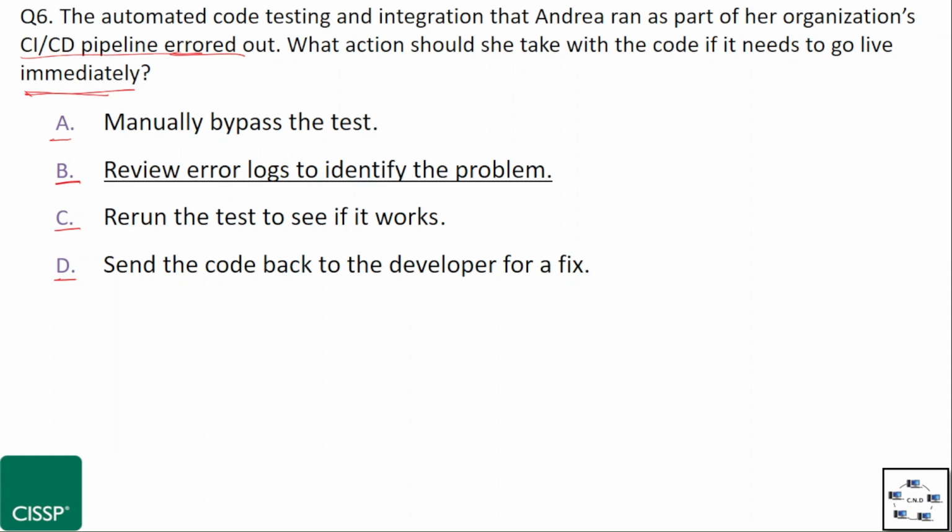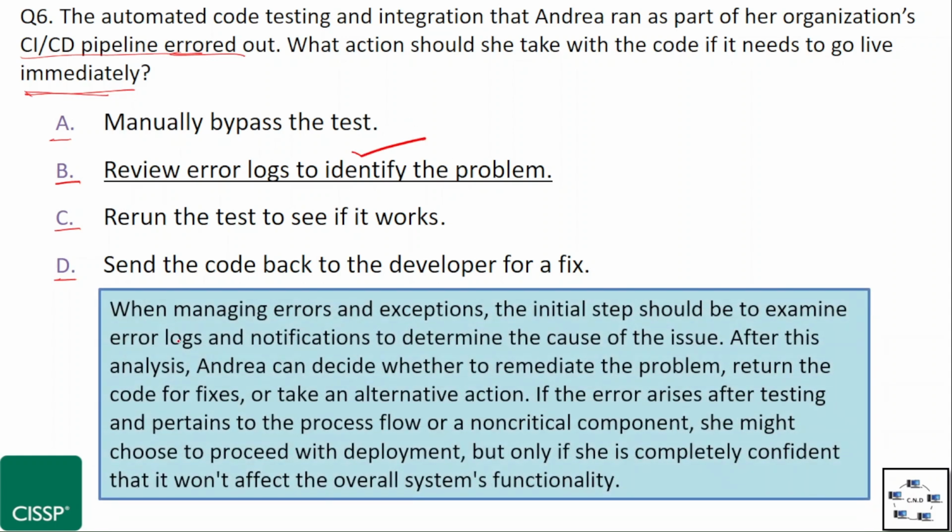And the correct option is option B, review error logs to identify the problems. So when managing errors and exceptions, the initial step should be to examine error logs and notifications to determine the cause of the issue.